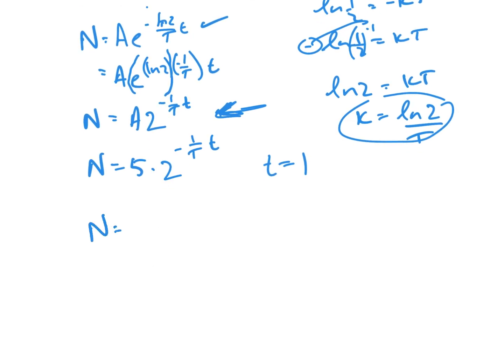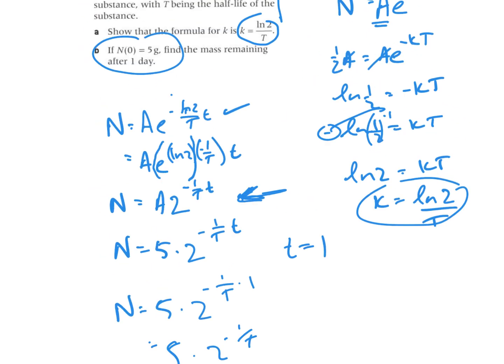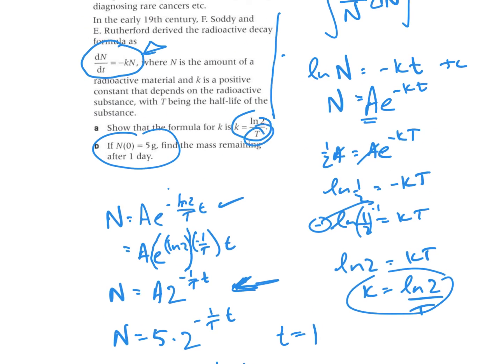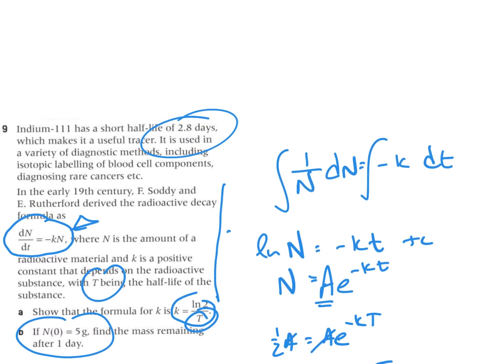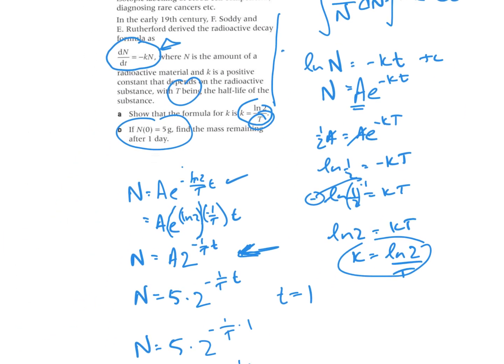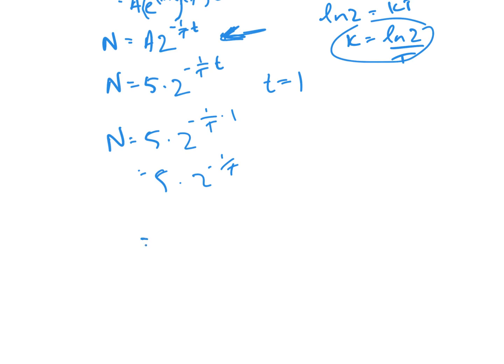And so n will be 5 times 2 to the minus 1 over T times 1, which is 5 times 2 to the minus 1 over T. But I also realize that T is the half-life of the substance, which in our case is 2.8 days. So to finish it off, I can say 5 times 2 to the minus 1 over 2.8. If I throw that into my calculator, I get 3.9 grams.